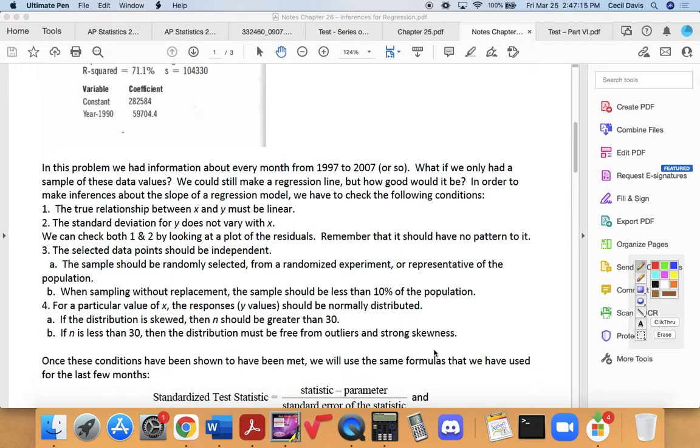So we could still make a regression line, but the question is, how good would it be? It wouldn't be as good. But can we make it to where it's good enough?